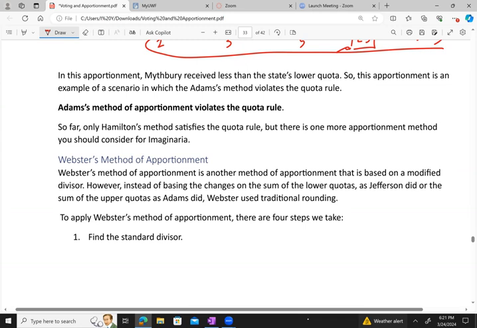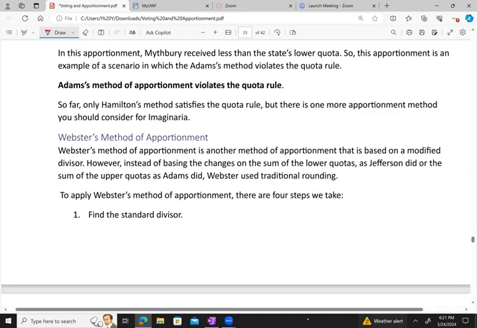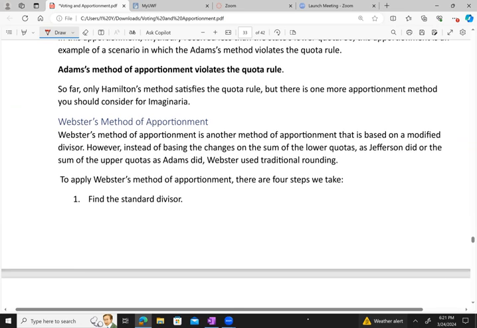There's one more method we're going to look at. The last method is Webster's. Webster's method of apportionment is another method of apportionment that is based on a modified divisor. However, instead of basing the changes on the sum of the lower quotas as Jefferson did, or the sum of the upper quotas as Adams did, Webster uses traditional rounding.